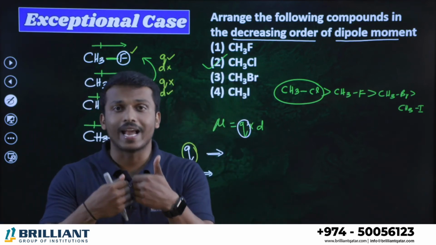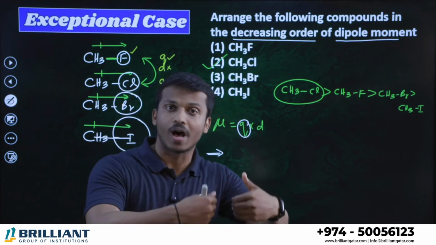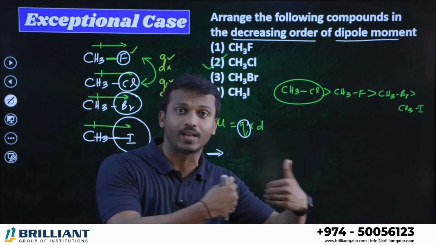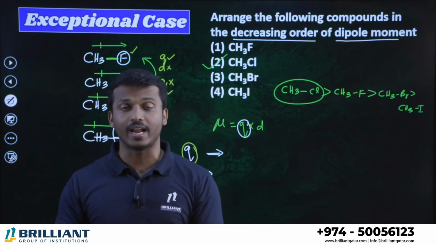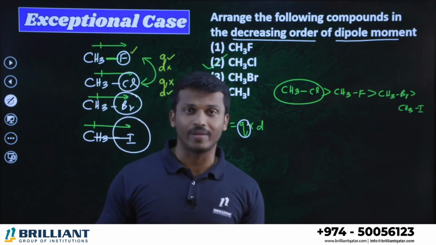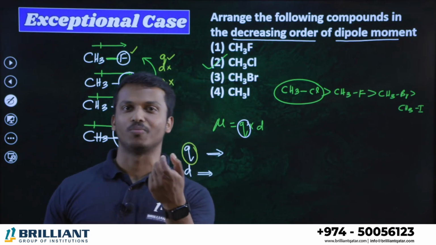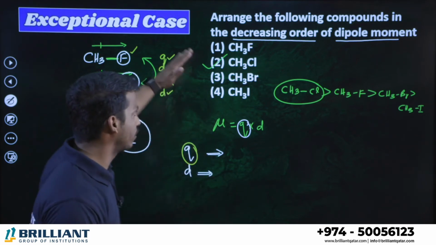Therefore, experimentally, when they combine both charge and internuclear distance of separation, they confirm that CH3Cl comes first. So mostly in competitive examinations, they will focus on experimental data because there is a chance to make mistakes. So this is one of the experimental cases.